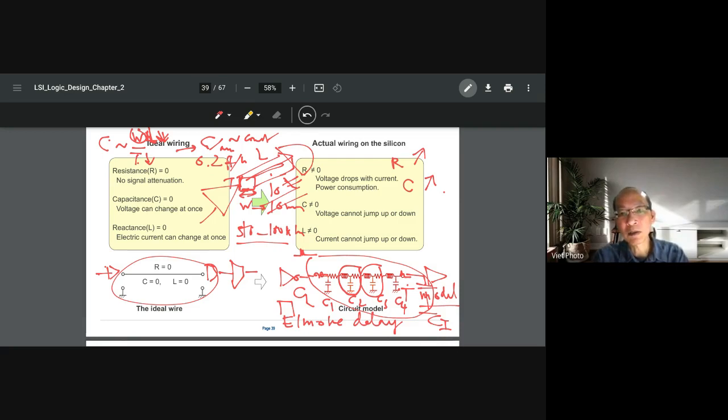The L, which is inductance, is basically not an issue in real life. The reason is that L can become an issue for two reasons. One is that the frequency is very high, 4-5 gigahertz. The second is that the length of the wire is long enough.